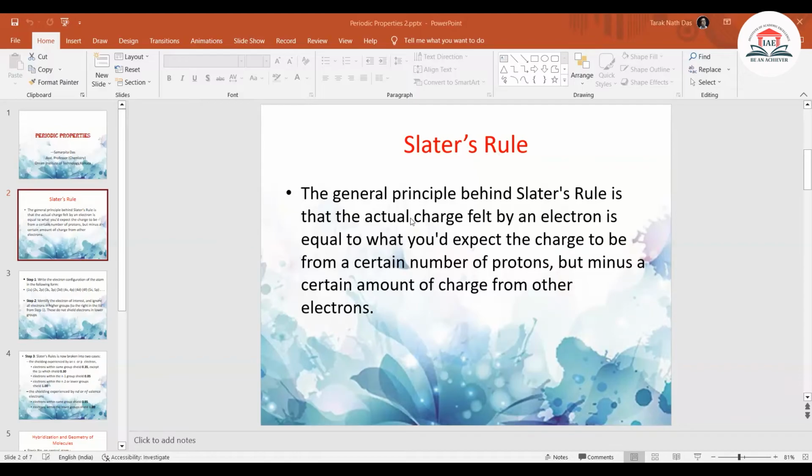The general principle is that the actual charge felt by an electron is equal to what you would expect the charge to be from a certain number of protons, but minus a certain amount of charge from other electrons. So how do you do that? Step 1.